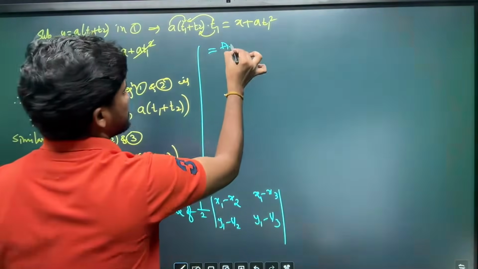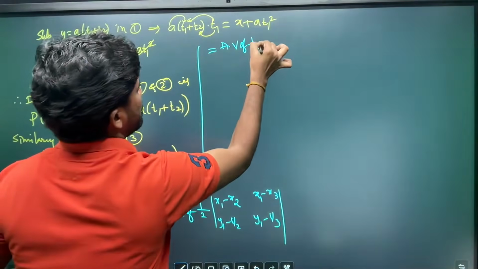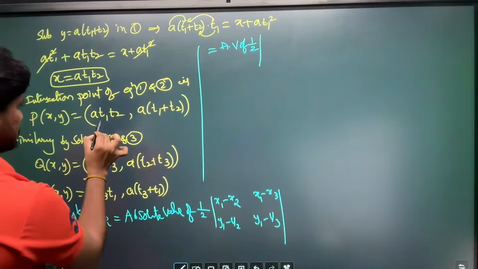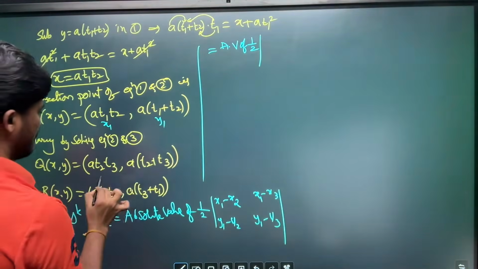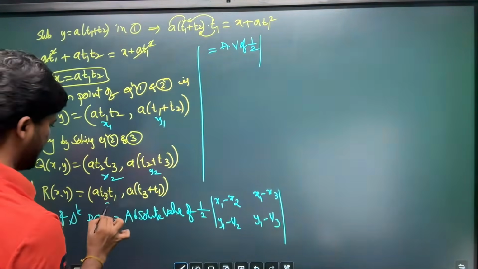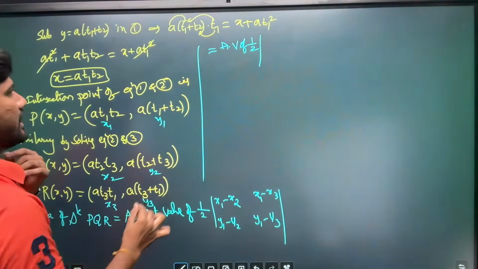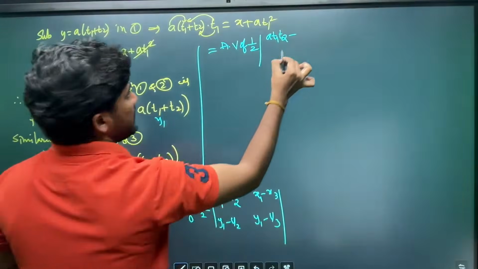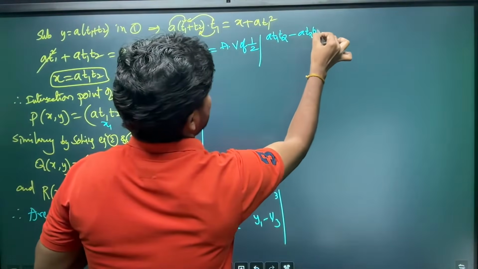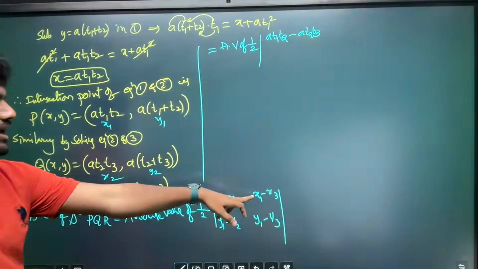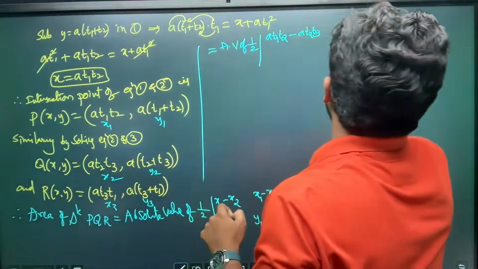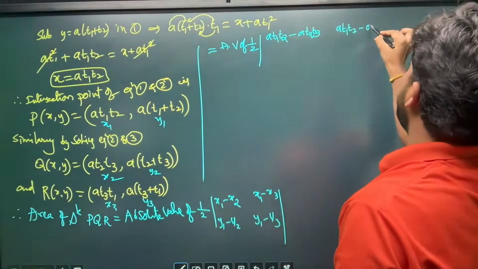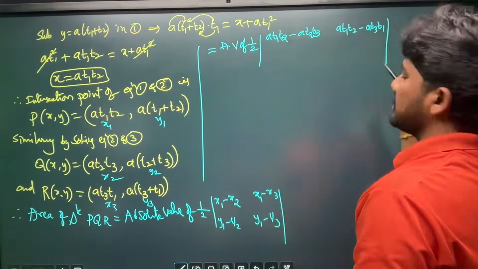So I simply write it as absolute value of 1/2 into x1. Take this one as x1 y1, x2 y2, x3 y3. Substitute the values. A T1 T2 minus x2, a T2 T3, clear? Next, x1 minus x3, a T1 T2 minus x3, the x3 value is a T3 T1, clear everyone?